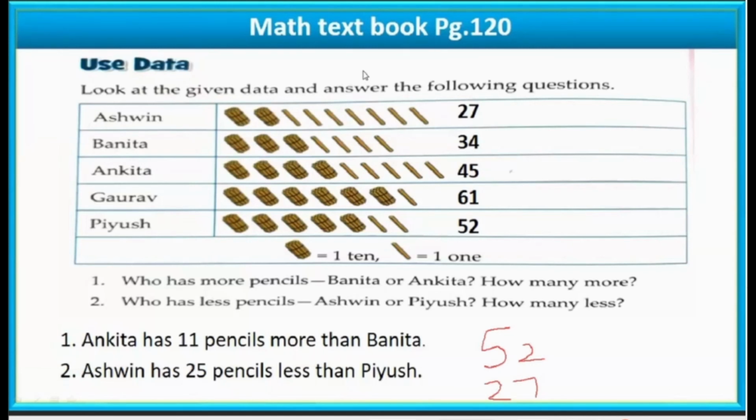Now we have to break the bundle because we cannot take 7 from 2, right? In one's place, always the bigger number should be first. So we cannot take 7 from 2. Check out 2 in our mind and 7 in our finger. Can you do? No. Always the bigger number should be on the first.